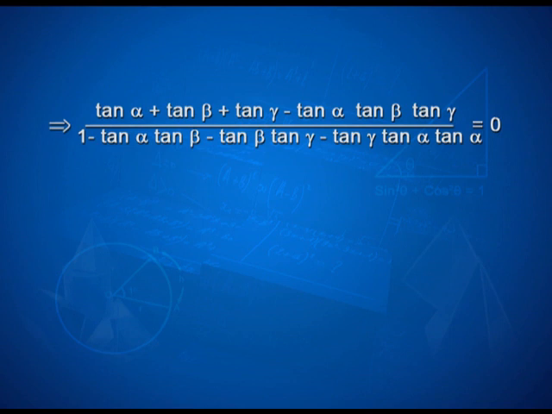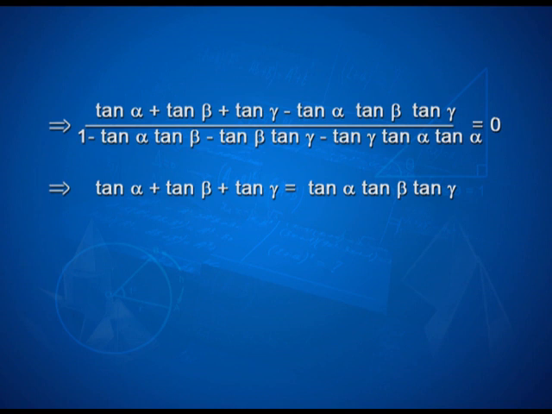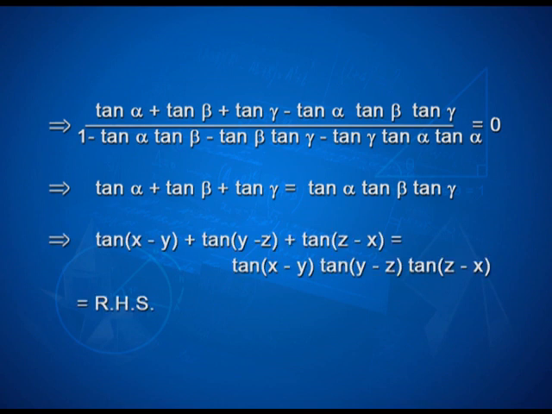This again implies tan alpha plus tan beta plus tan gamma is equal to tan alpha into tan beta into tan gamma. This gives us tan of x minus y plus tan of y minus z plus tan of z minus x is equal to tan of x minus y into tan of y minus z into tan of z minus x, which is equal to RHS.